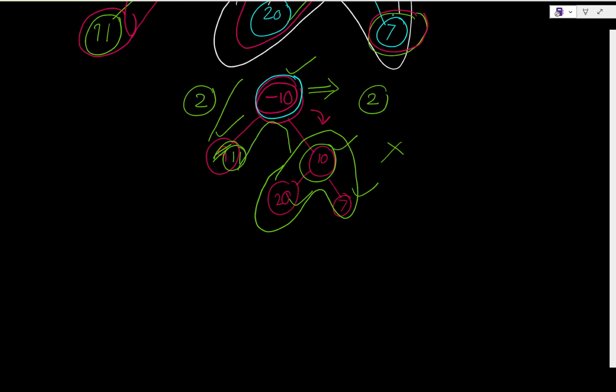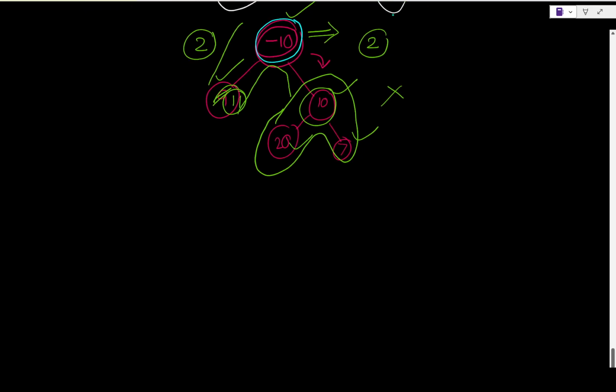Again, I'll have to draw the tree because this is one of those problems where we have to try and visualize as much as we can. If I have to draw the tree repeated multiple times, so be it. I don't mind. So this is our binary tree.